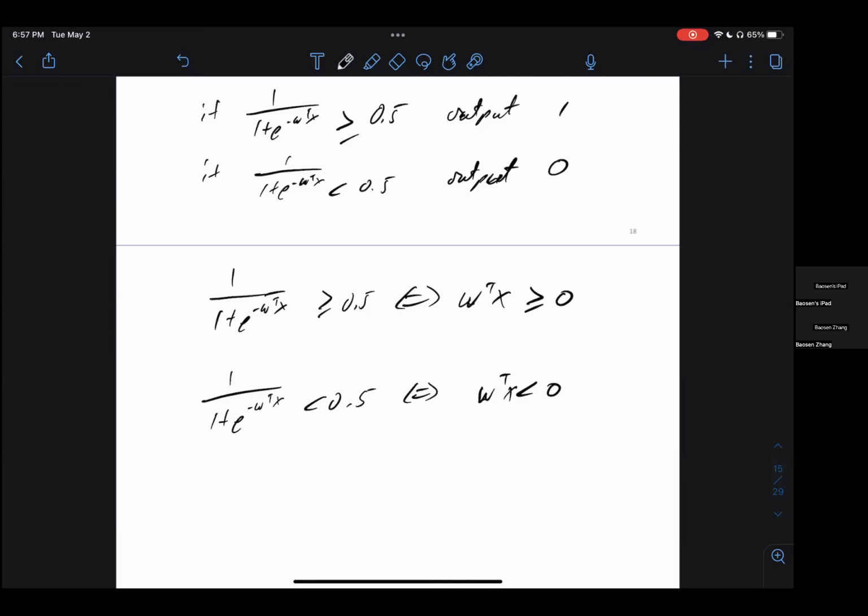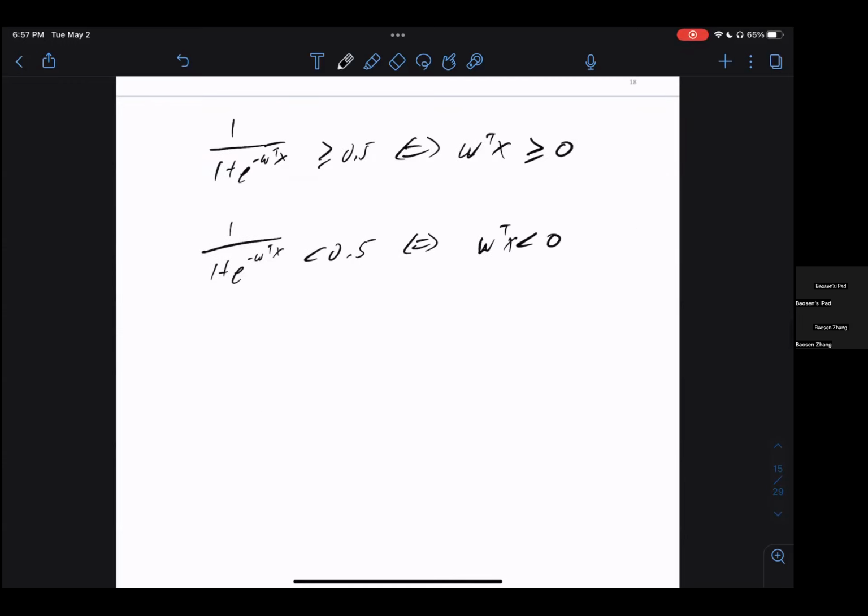So for example, let's say X is an image, a picture. What is a picture?